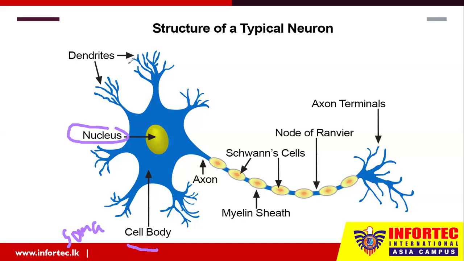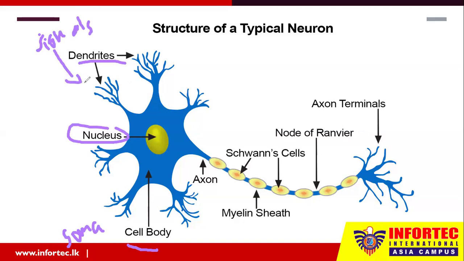Then there are dendrites. These receive signals from other neurons, right? Dendrites receive signals from other neurons.